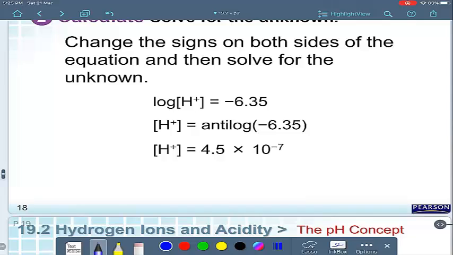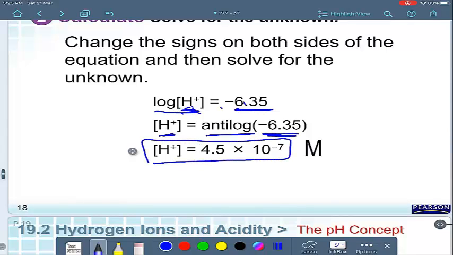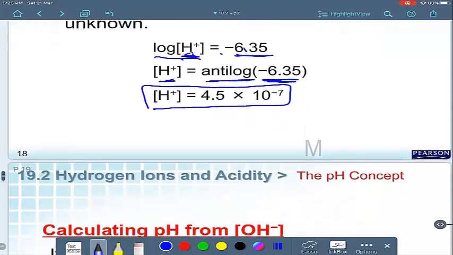H+ only means anti-log of this value, which means inverse log. The same, but you have to use inverse log on this value, and you will get the concentration of H+.